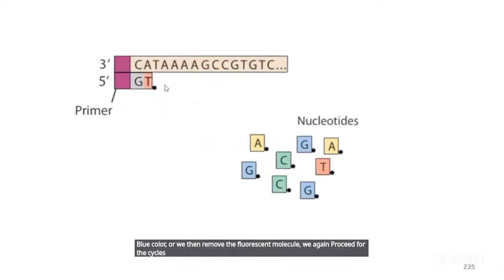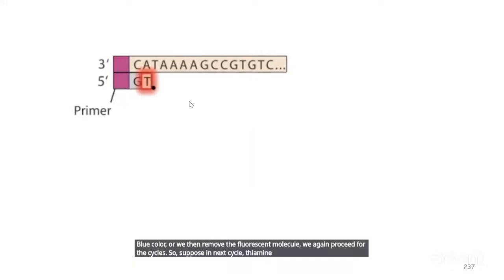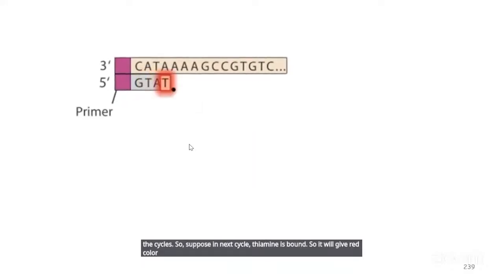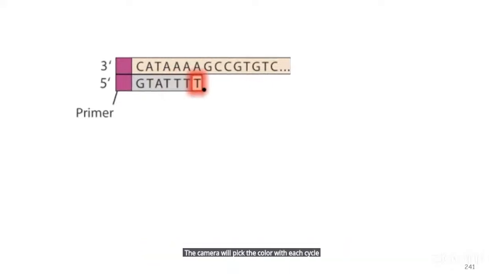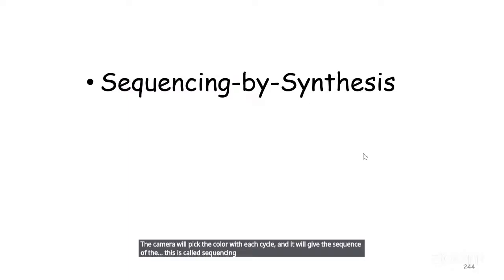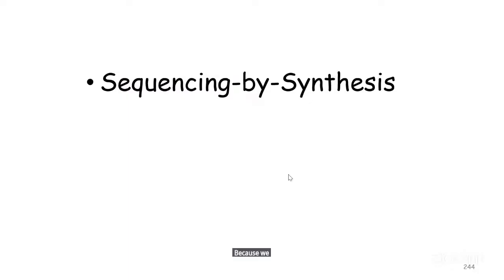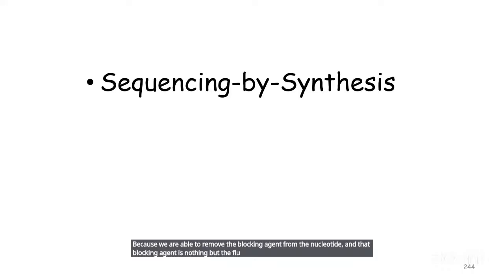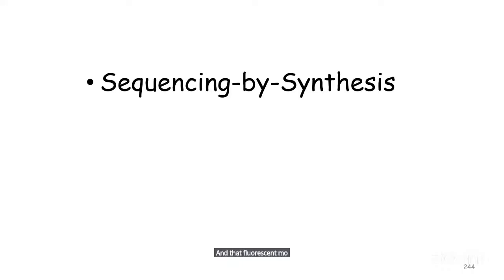Suppose in the next cycle thymine is bound, so it will give red color. Like this, the camera will pick the color with each cycle, and it will give the sequence. This is called sequencing by synthesis, because we are able to remove the blocking agent from the nucleotide, and that blocking agent is nothing but the fluorescent molecule, with four different colors.